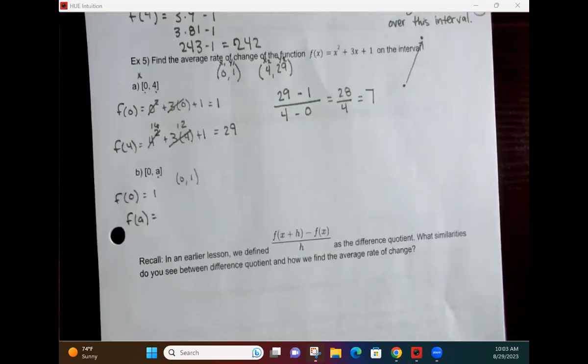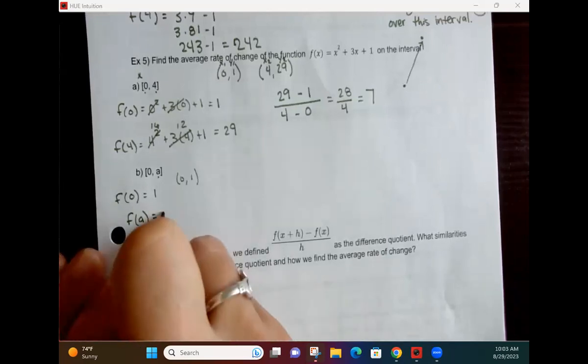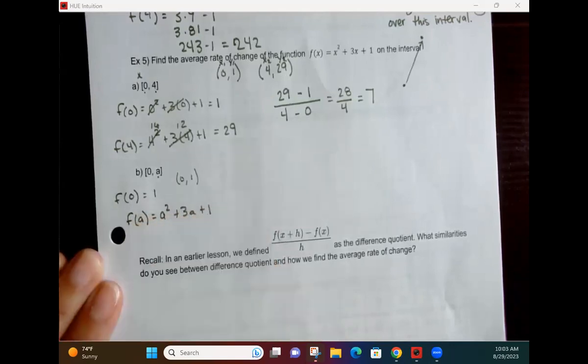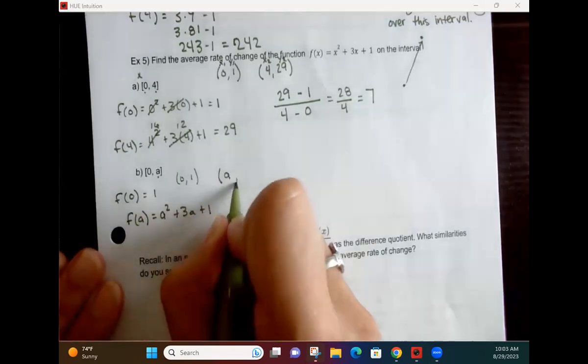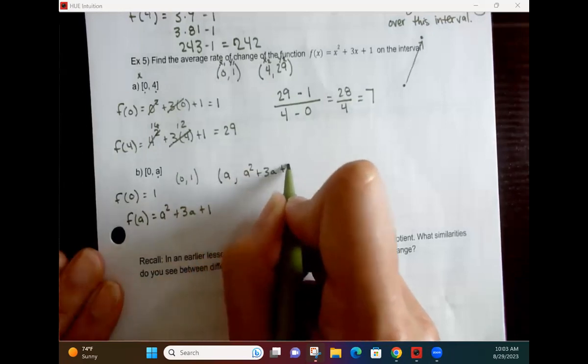Okay? Some of your future courses, you're going to be working not with specific values all the time, but more in terms of a different constant. Okay, so that's what we're going to do here. So I'm just going to replace x with a, and I get a squared plus 3a plus 1. So my other point, this is a little weird to write out, but it's (a, a squared plus 3a plus 1).